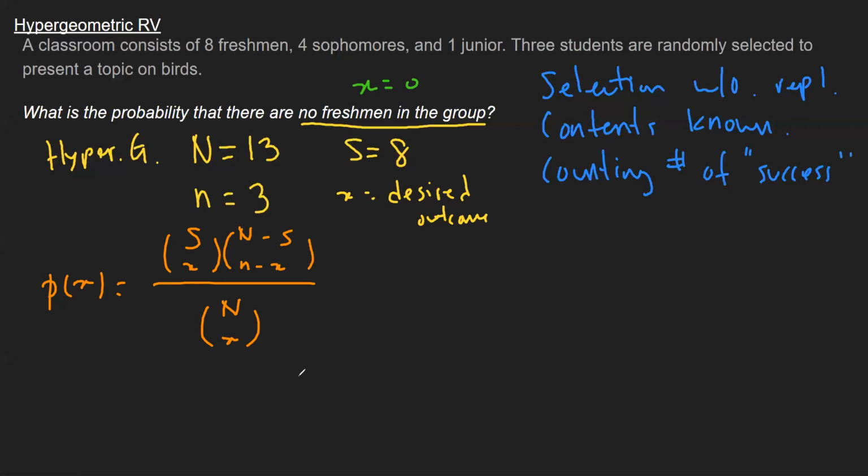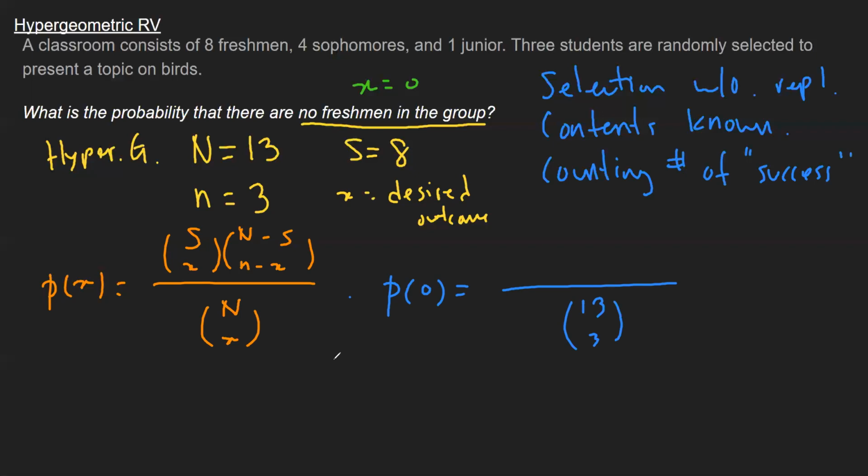So we know that for any probability, you're just going to count the number of ways that you could obtain the event of interest divided by the total number of ways that the experiment could happen. So if we're interested in, well, what's the chance we don't get any? Then our experiment here is we're choosing 3 students out of 13. So we have in total 13 choose 3 ways that we could perform that operation. That would give us all the combinations of selecting 3 students out of this class.